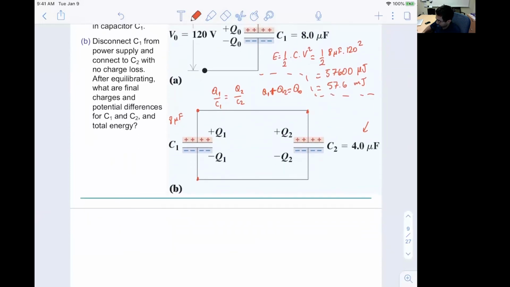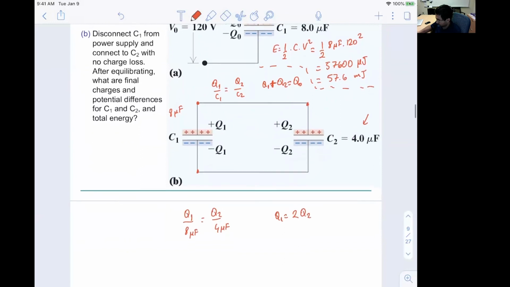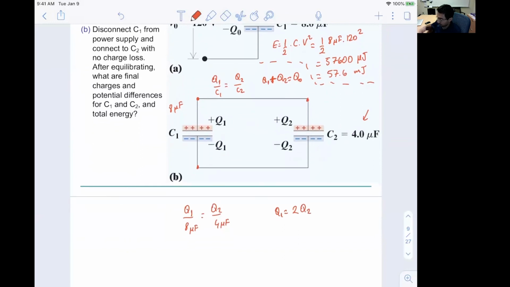C1 is 8 microfarad and C2 is 4 microfarad. Now you can simplify: Q1 is going to be 2 times Q2. You can also think that the capacitor C1 is 2 times larger, so it should be able to hold 2 times more charge, right?